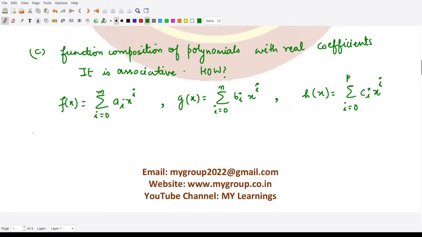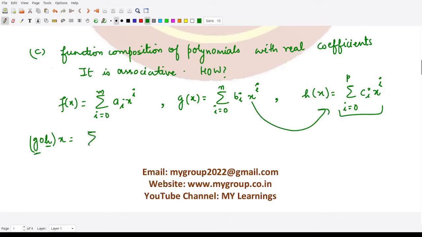Now let's first calculate g o h. We first apply h onto x, and then we apply g onto this, so in place of x we write the whole of h.